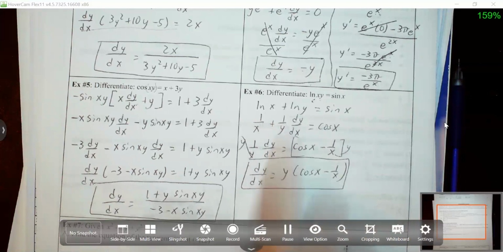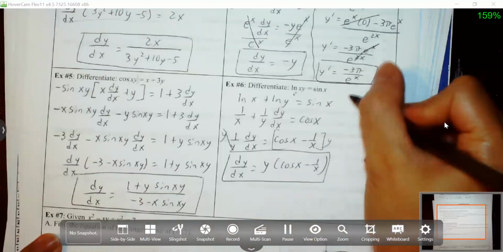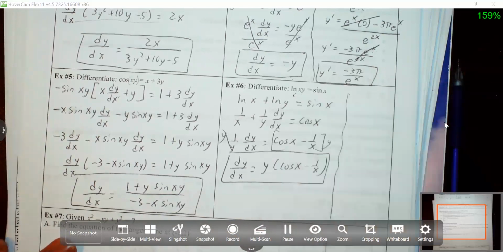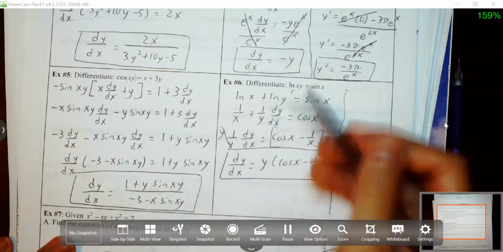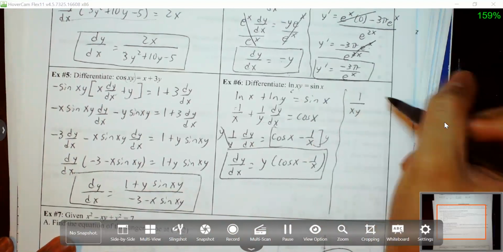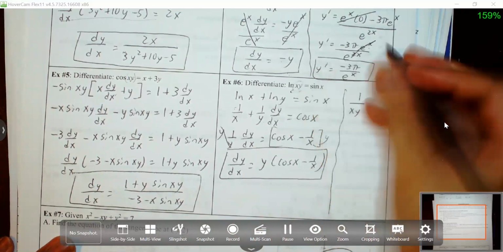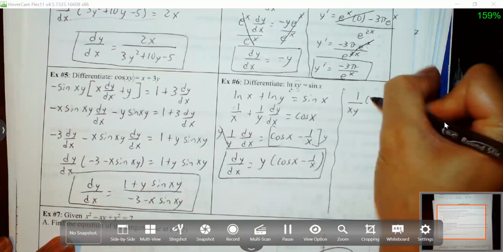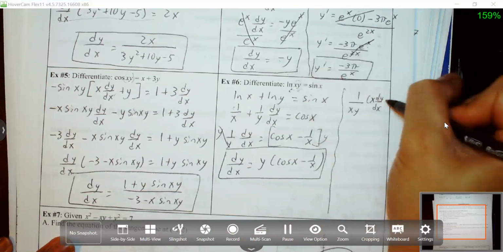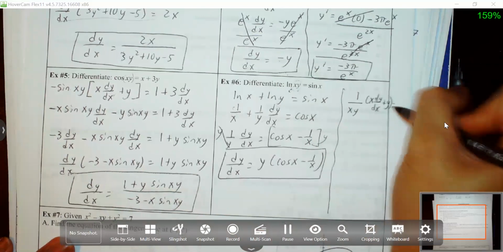By the way, you don't necessarily have to start by doing this. You could just do this. You don't really have to write this down, but I want you to pay attention that if you don't see that you could break it up by logs, you could just do 1 over xy, and then you have to do the chain rule with the product here, which is first times the derivative of the second plus the second times the derivative of the first, which is just 1 because the derivative of x is 1, is equal to cosine x.